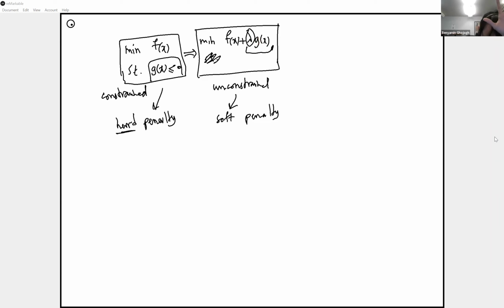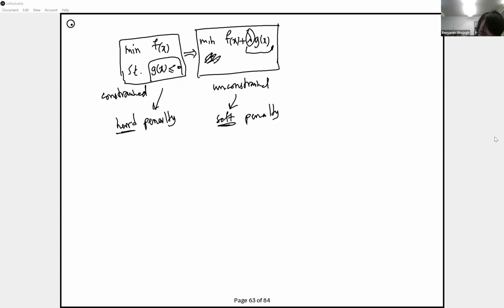Maybe g might be 0.001. It's not less than 0, but it's small enough. You accept that, but with a small penalty. So it's a soft penalty, although you don't accept g equals 10, for example. 10 is much larger than 0, and the penalty for that will be large. But when it gets close to 0, you tolerate that, right?